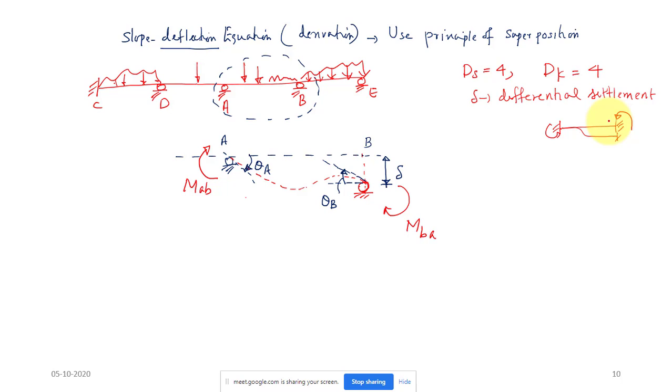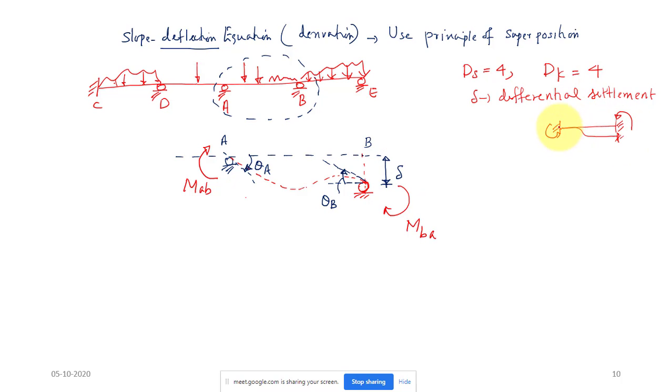Suppose both supports settle the same amount delta, then there won't be any additional moment. Additional moment will be developed only if there is relative settlement.